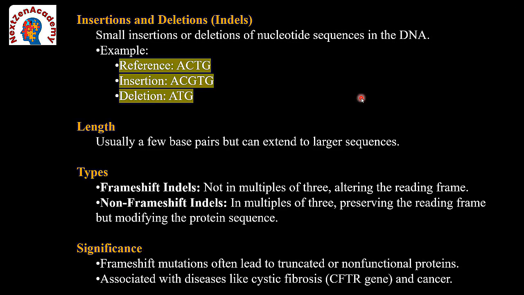It is the insertion and deletion of a single nucleotide sequence in the DNA sample. Here is the reference genome, ACTG, and you can see an insertion, next to CG something is getting added, that is ACGTC, which is called insertion. And you can see a C is getting deleted from the reference genome, in the sample we are working with.